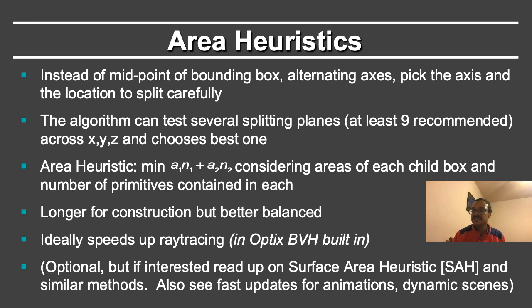You choose the best one. And then you have an area heuristic where you're trying to minimize some function which involves the areas and the number of objects. So you combine the areas of the child boxes and the number of primitives in each, and you try to minimize that. This will take a longer time for construction, but will be a better balanced alternative.